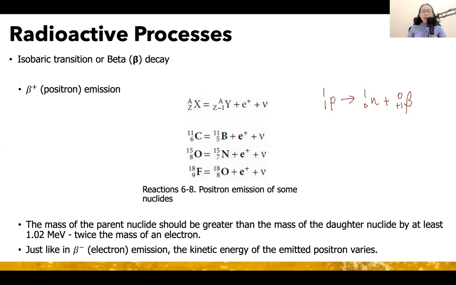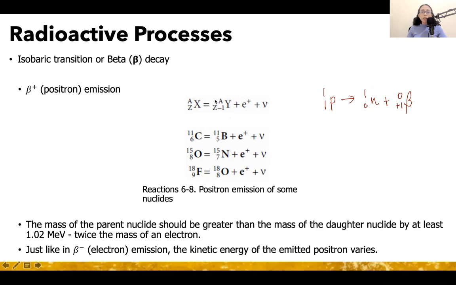Okay? So, since you have a proton disintegrating, the result is that your daughter nuclide has an atomic number which is lower than the atomic number of your parent nuclide. So you have there Z minus 1. And then of course you have a neutron there.